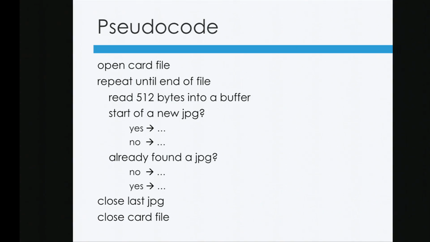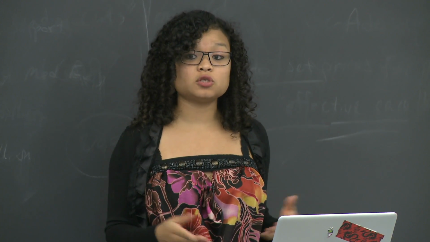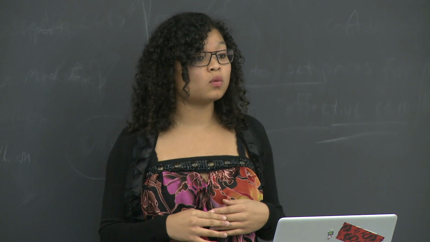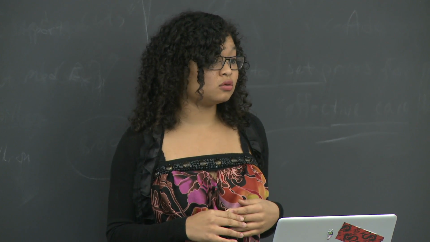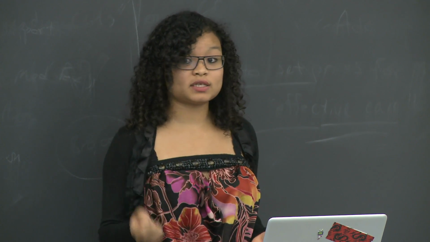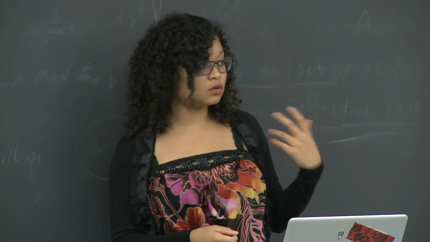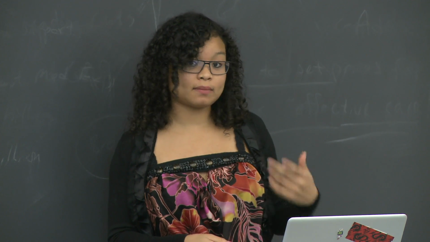Then we want to check whether we've hit a star or not, right? If we've hit one of the starting sequences, then we know that we've hit a new JPEG file. So we're going to want to create a new file in our pset4 directory to continue making that file.